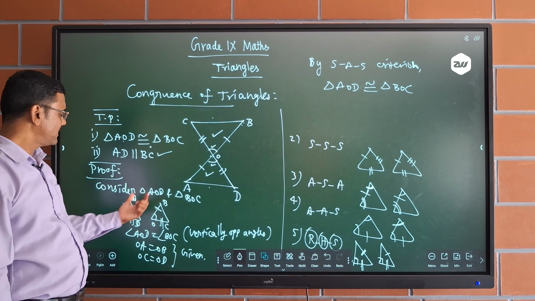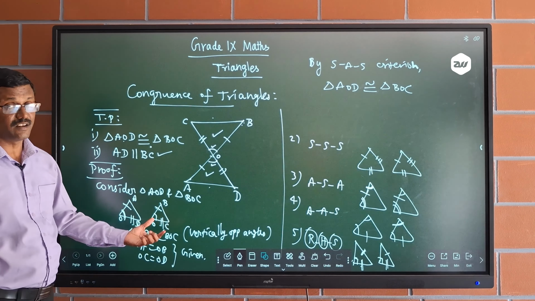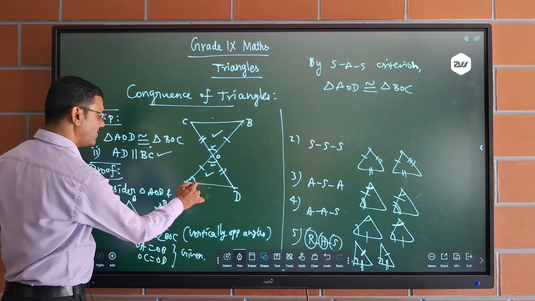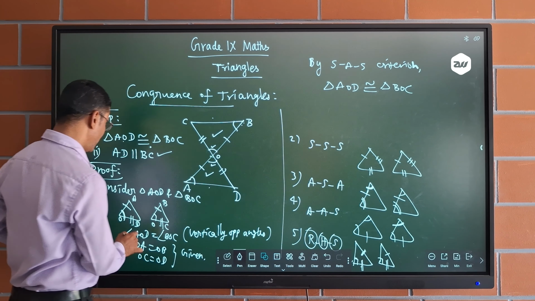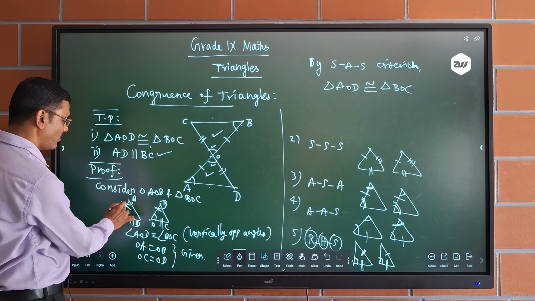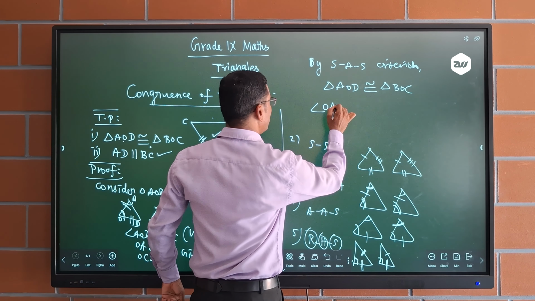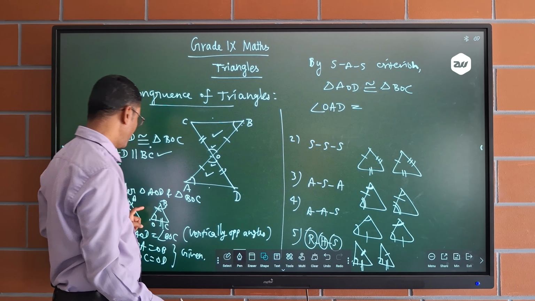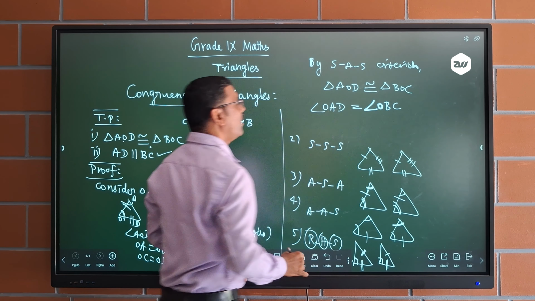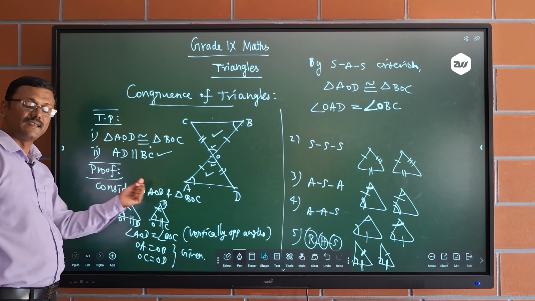If two triangles are congruent, then we know the corresponding sides are equal and corresponding angles are also equal. Now can I say angle OAD of the first triangle and angle OBC of the second triangle are equal?